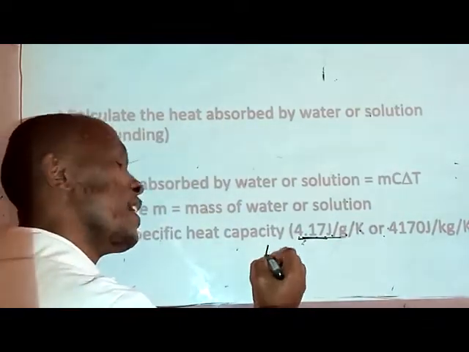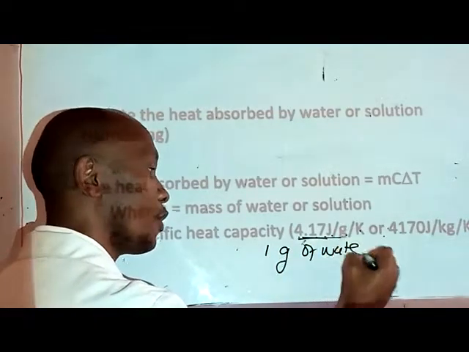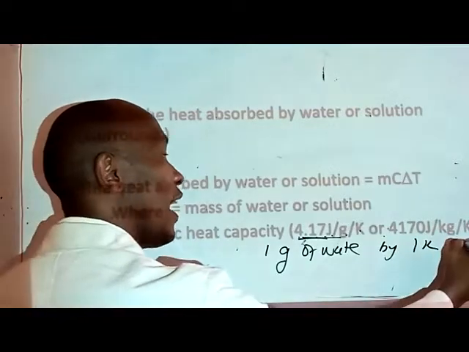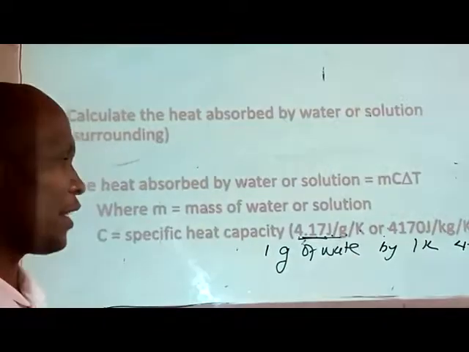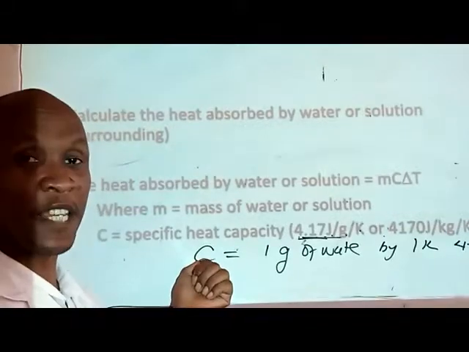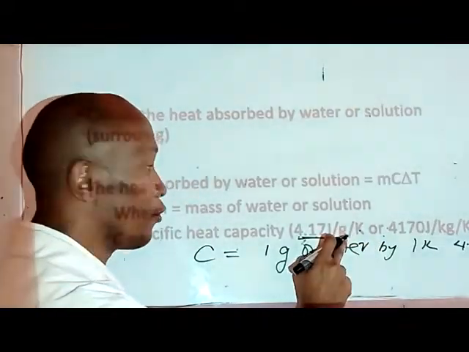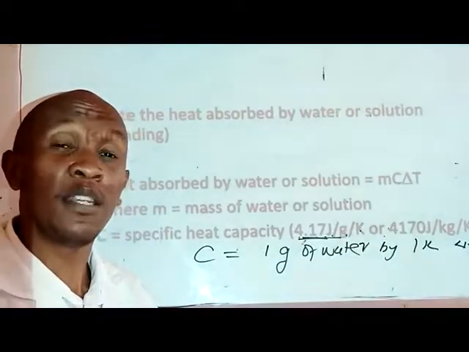That to raise the temperature of 1 gram of water by 1 Kelvin, I need 4.17 joules. That is the interpretation of what you call C, the specific heat capacity.